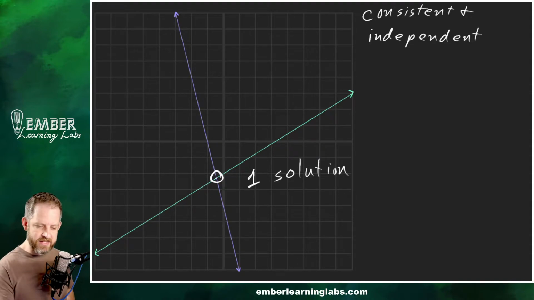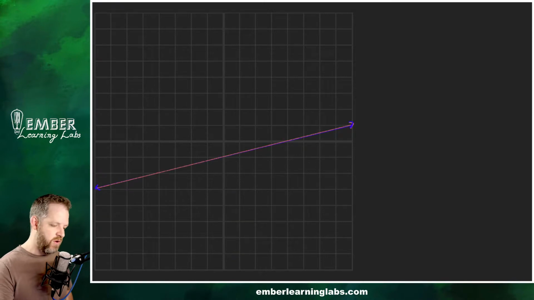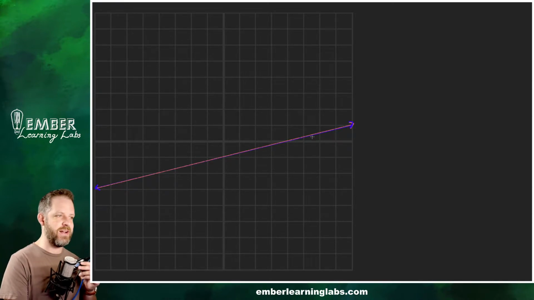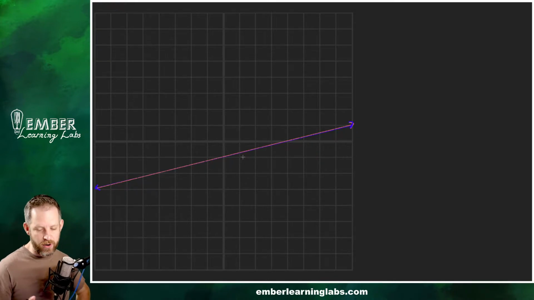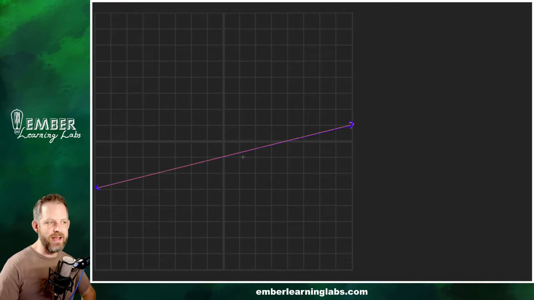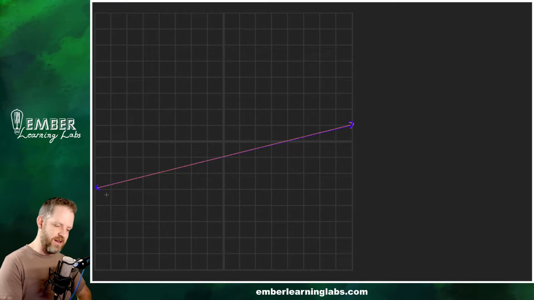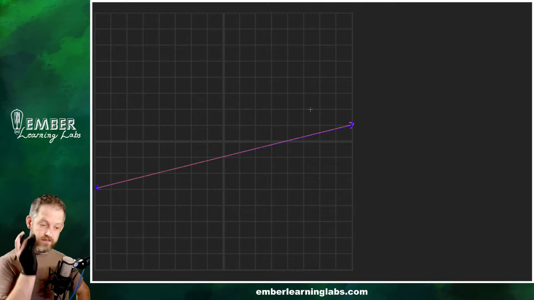The next type of system is one where it's two lines that are graphed right on top of each other. These are probably not perfectly graphed right on top of each other. You can kind of see one. If they were perfect, then you wouldn't be able to see the one underneath, right? But I wanted you to be able to see and understand what's going on. So they are two lines that are graphed in the same place.